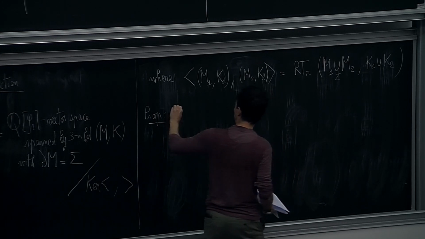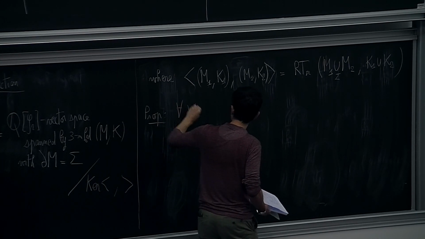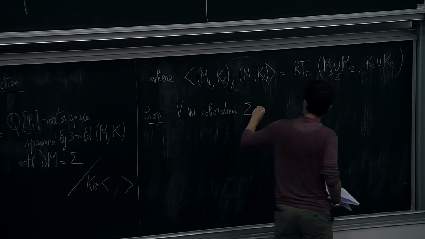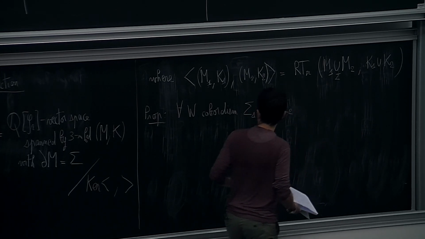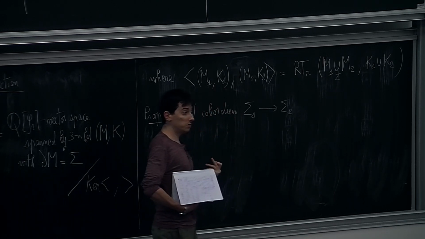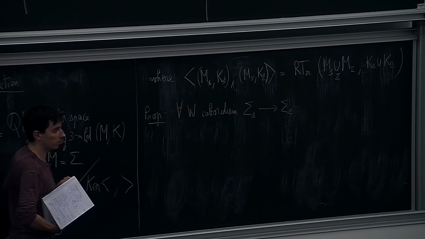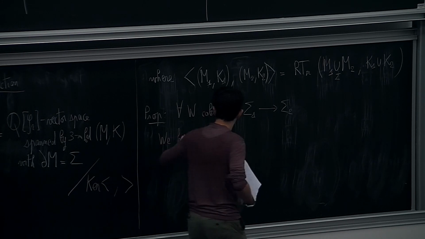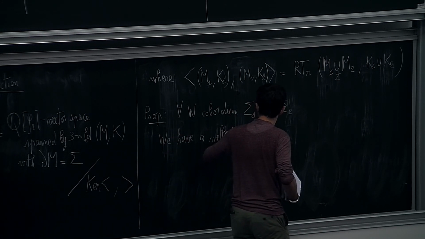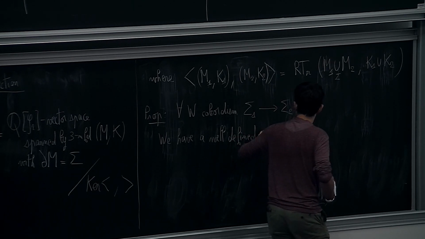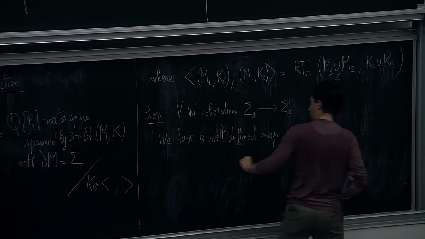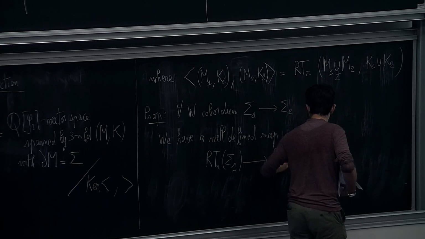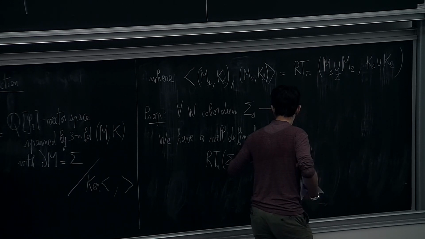Just with this definition, for any cobordism W from sigma 1 to sigma 2, such a cobordism induces a map between those vector spaces, from RTR of sigma 1 to RTR of sigma 2, which I call RTR of W.